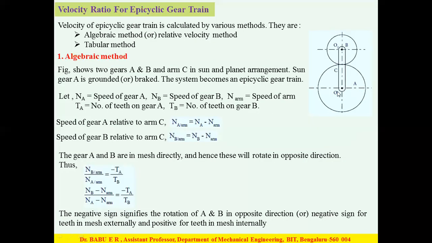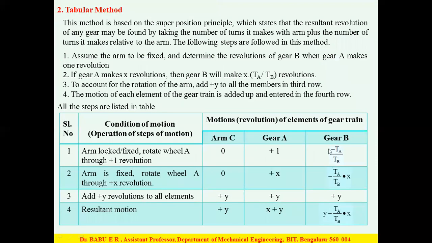When you give plus one revolution to this gear in clockwise direction, this gear will rotate in counterclockwise direction. So the motion of this and the motion of this are in opposite directions. That's why we use the negative sign. So this is the first step you have to write.